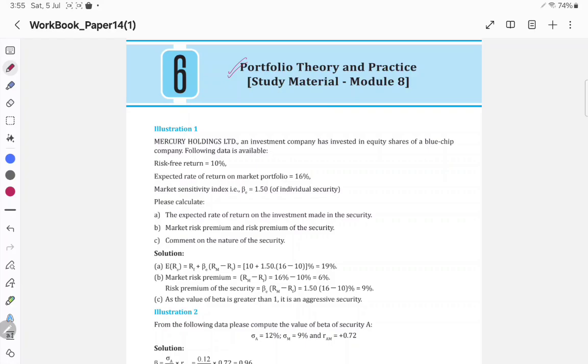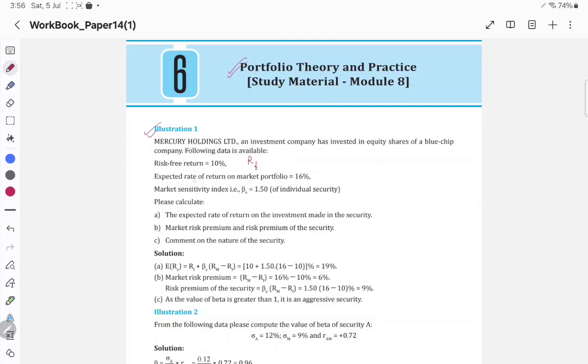Starting with illustration number 1, the question says Mercury Holdings Limited, an investment company, has investment in equity shares of a blue chip company. Following data is available. The risk-free rate is 10%.